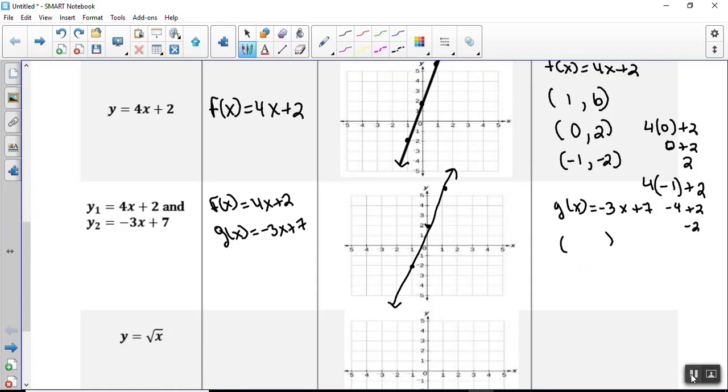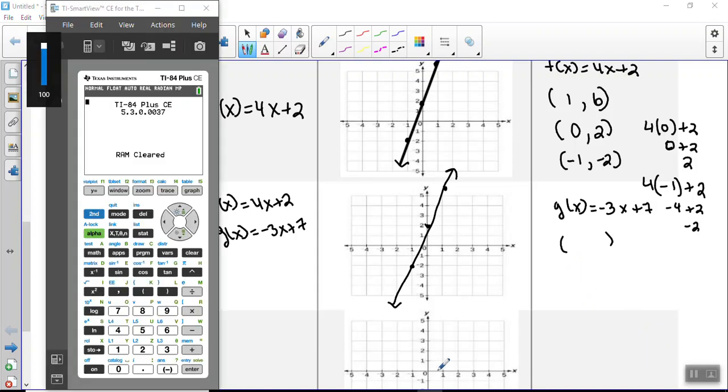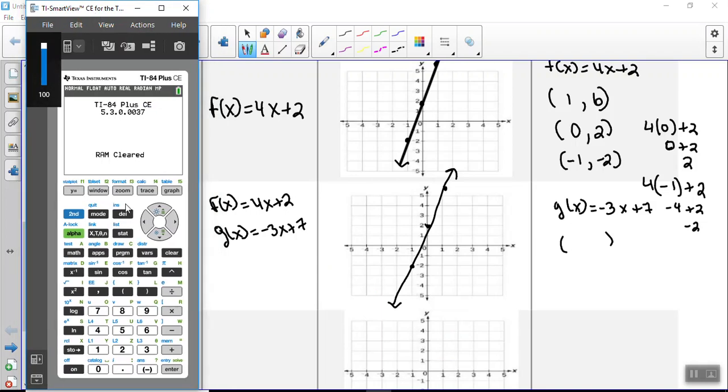So now let's make use of our wonderful calculators, and let's see if we can get some coordinates using our calculator. So we're going to go to our calculator. I don't have it open. Okay, so I have my calculator up. I am going to find my coordinates using my calculator. So I'm going to go to y equals. Now you know y equals is the same thing as f of x equals right here.